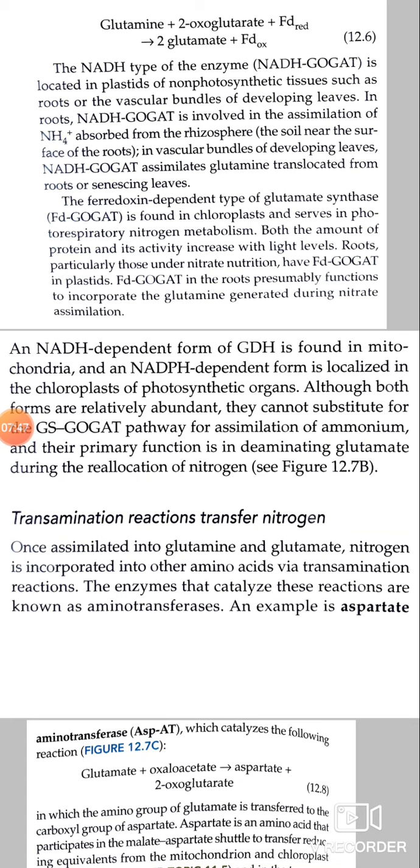Although both forms are relatively abundant, they cannot substitute for the glutamate synthase GOGAT pathway for assimilation of ammonium, and their primary function is in deaminating glutamate during the reallocation of nitrogen.